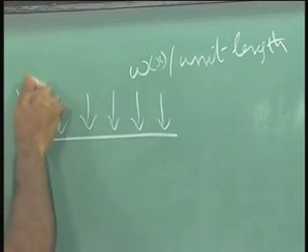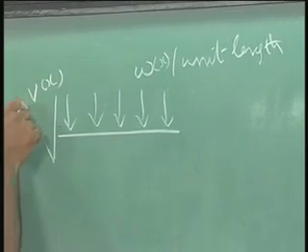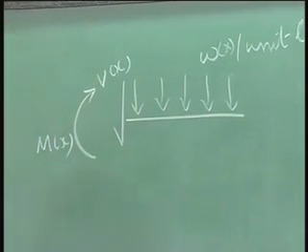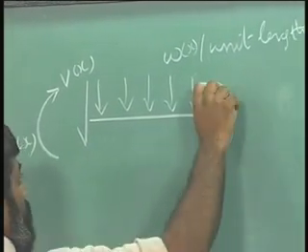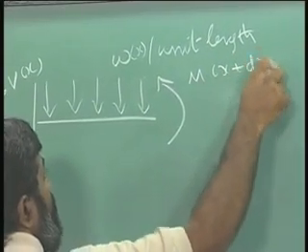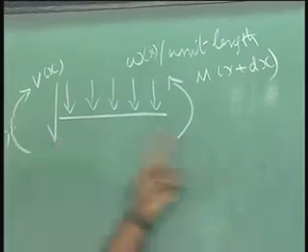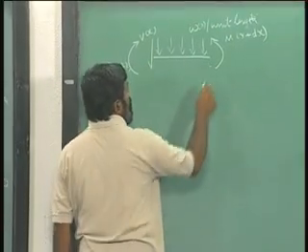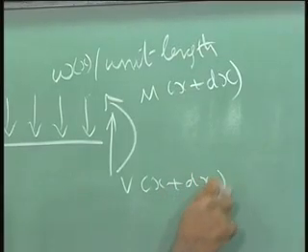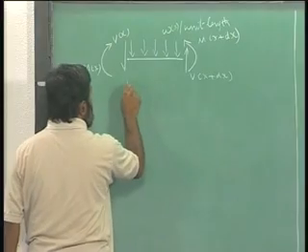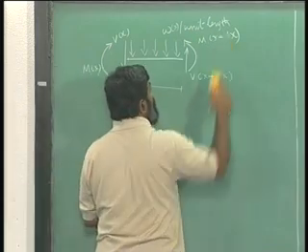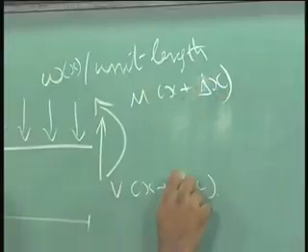This is V at x, this is M at x, M at x plus dx. Notice that I am using positive sign convention for all of them, and this is V at x plus dx. Okay, I have represented all the forces, and this length, let me again make this as delta x so that we are clear about it.